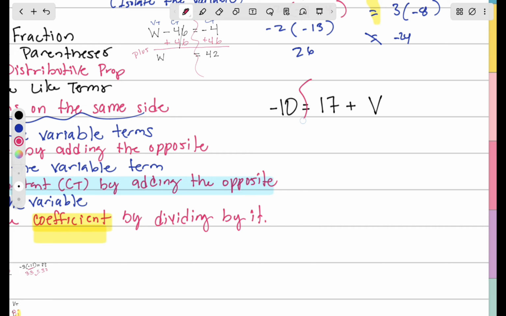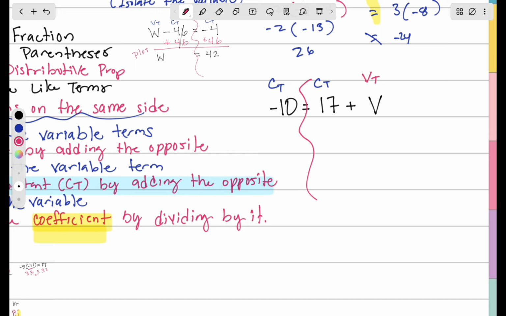Split our problem up. Everywhere the equal sign goes, that wall goes. And let's identify the terms in this equation. What is negative 10? It is a constant term. What is 17? All right. And what is that V? When you first do it, call it a variable term. Although it's a variable term, it can also be called a variable because there's a 1 there. So that's cool. We'll call it a variable term when we start.